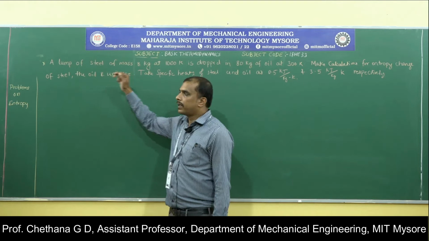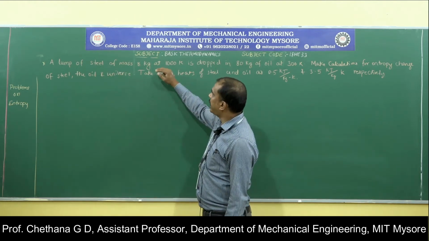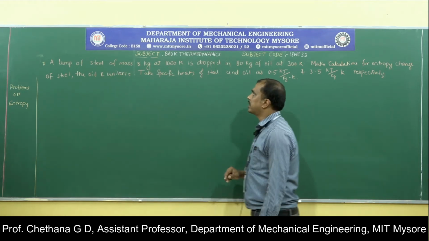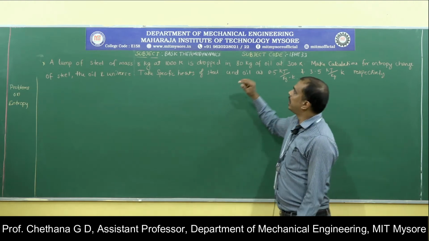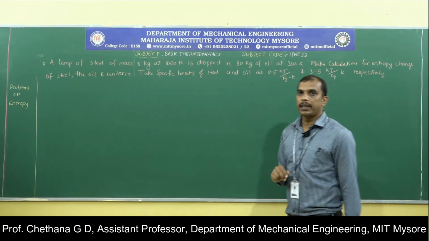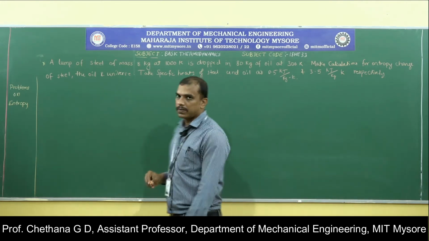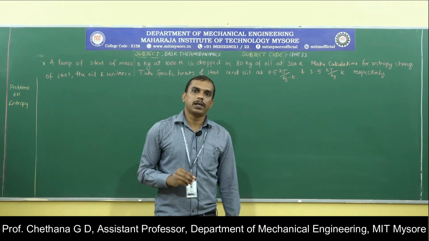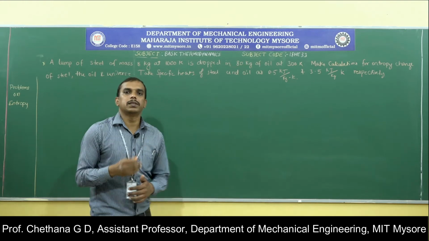A lump of steel of mass 8 kg at 1000 Kelvin is dropped in 80 kg of oil at 300 Kelvin. So this is a typical problem where the process of quenching is done.